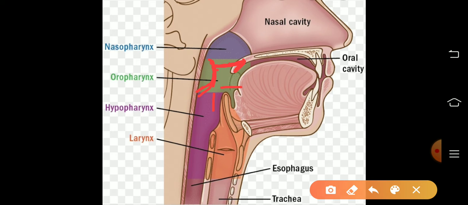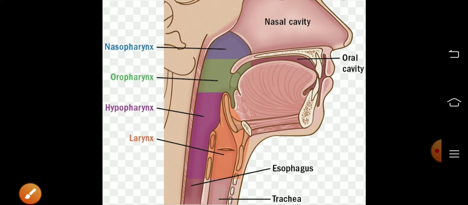Therefore, it completely closes the pharyngeal isthmus. This part is completely closed during swallowing, so it is called the palatopharyngeal isthmus or palatopharyngeal sphincter, because it closes during eating.